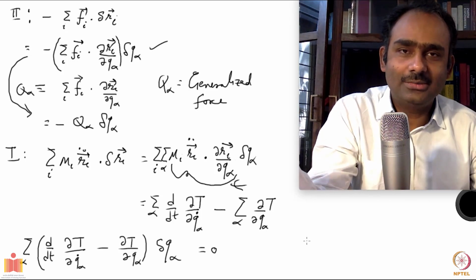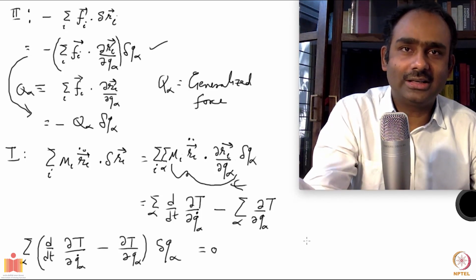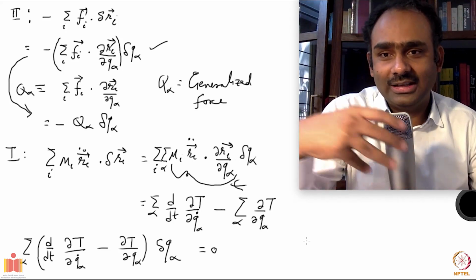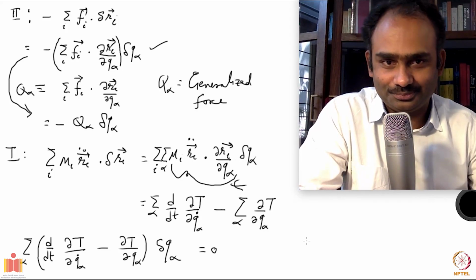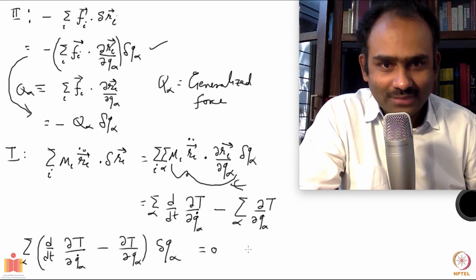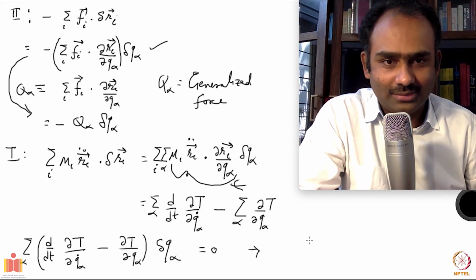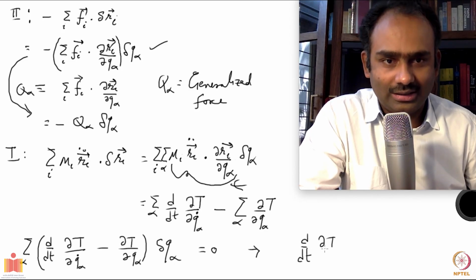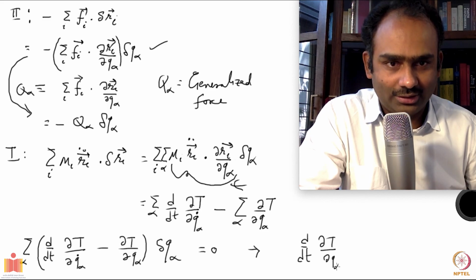Because this sum is 0, but because the variations delta q alpha are all independent of each other, this can hold true only if the individual coefficients also vanish. So from here, I get my desired result, d over dt del T over del q alpha dot.